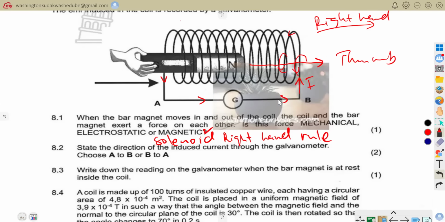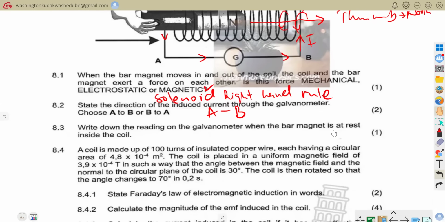So it will be from A to B. The curled fingers give us the current, whilst the thumb points towards the north. So our current is from A to B. That is how you would have determined that.